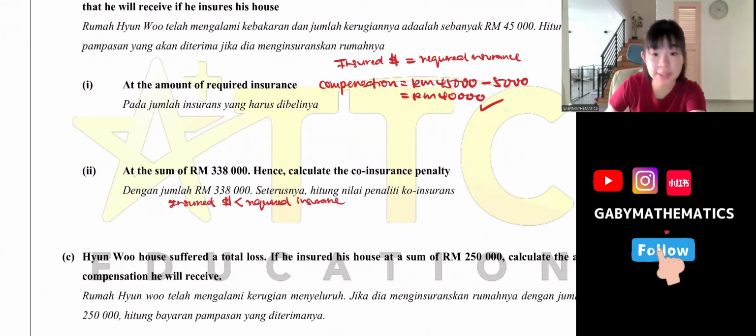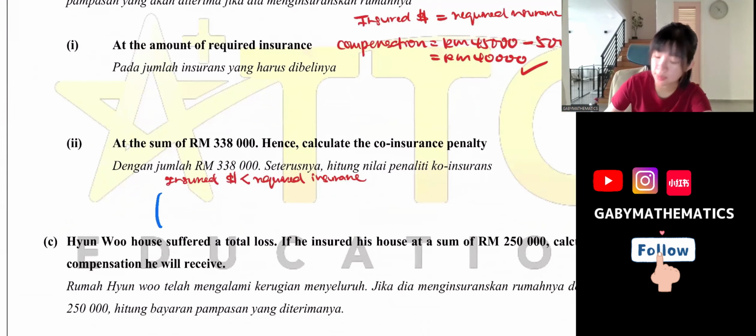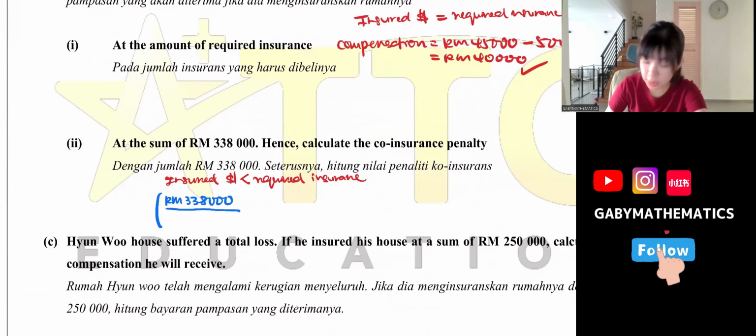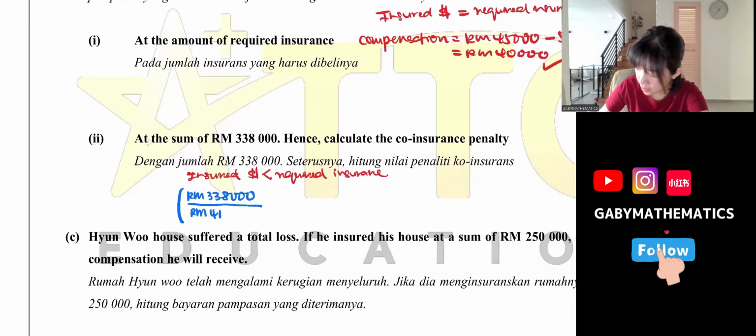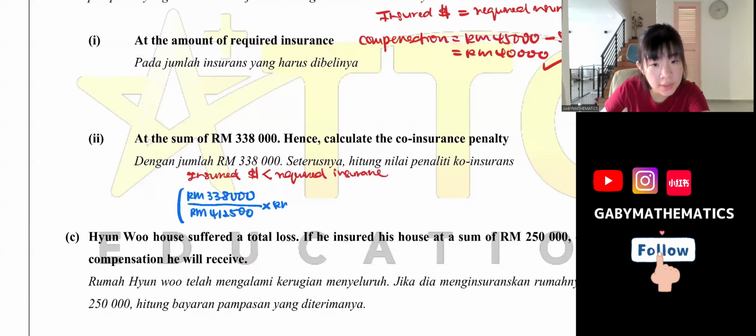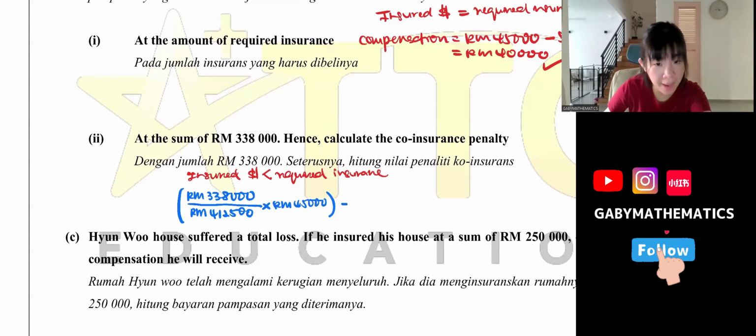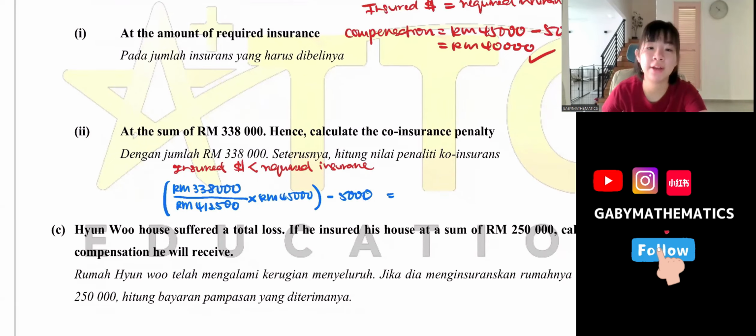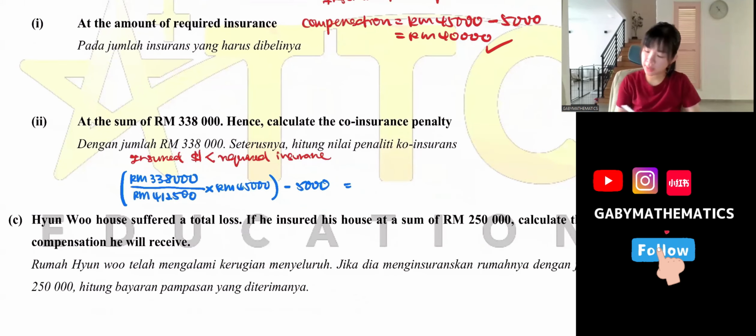So in this case, they will do some calculation like this. The amount of insurance purchased, 338,000, divided by the amount of required insurance, 412,500, times the loss. The loss is 45,000, and then minus deductible. Remember? Okay, so what is the final answer? Use the calculator.